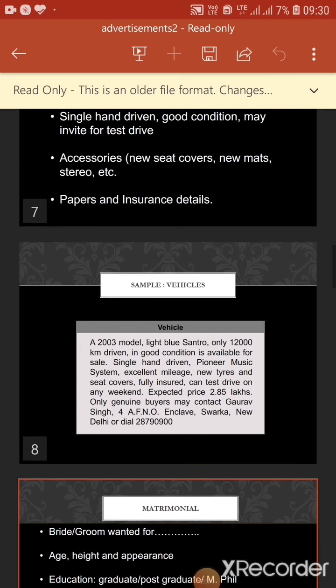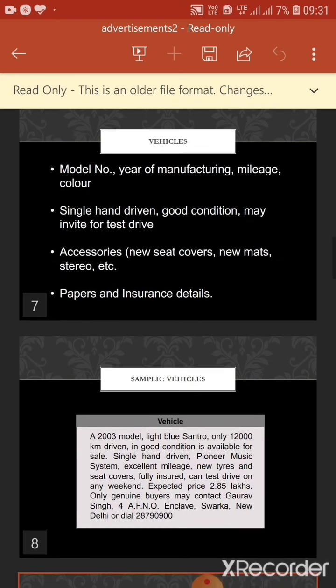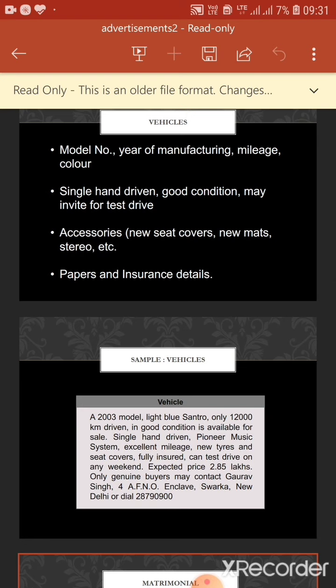When we write about vehicles, we must mention the model, number of the vehicle, year of manufacturing, mileage, and color.